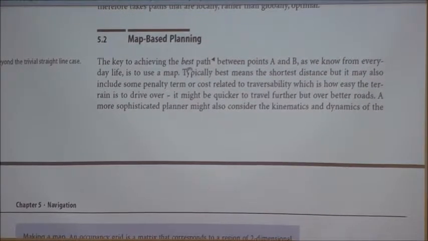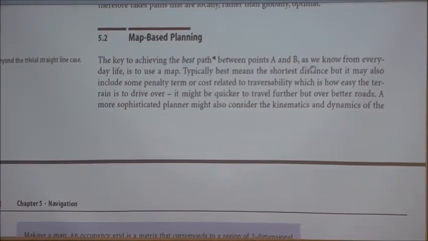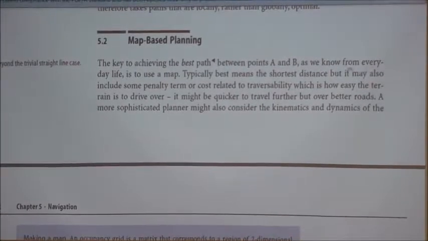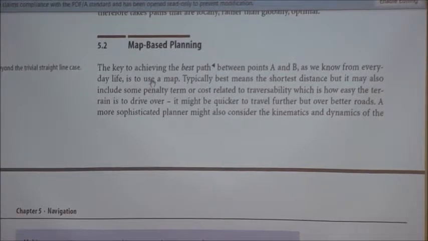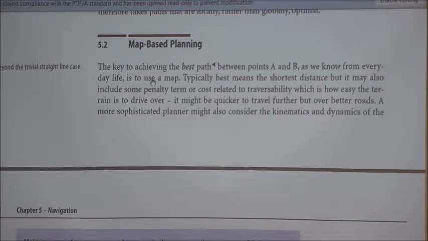The key to achieving best path between points A and B, as we know from everyday life, is to use a map. Of course, GPS is something that we are all getting addicted to. Okay? And we no longer know how to go without it, and we lose sense of direction. I'm not an exception to that rule.